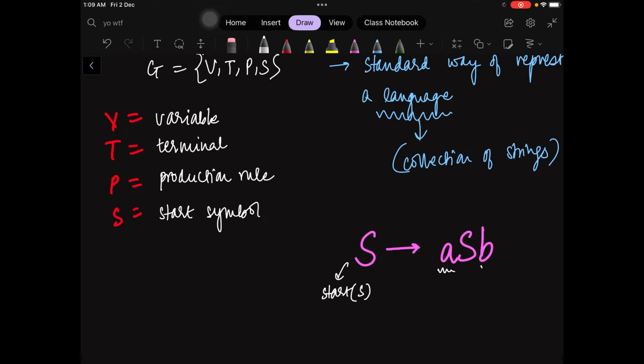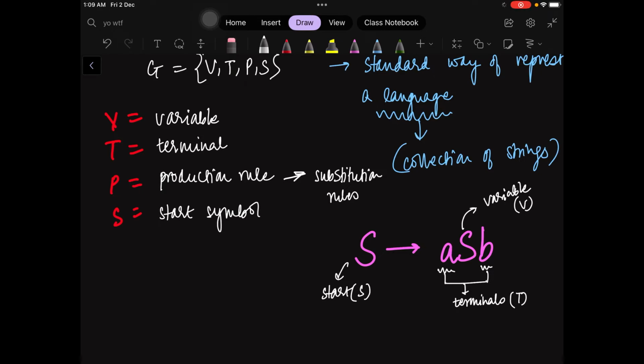A and B are called terminals. This S here is your variable, which can be substituted, and production rule, as is written here, is basically your substitution rules for substituting your variable.